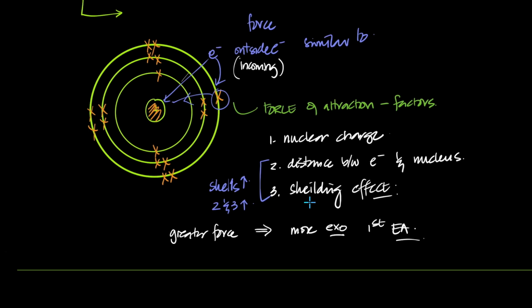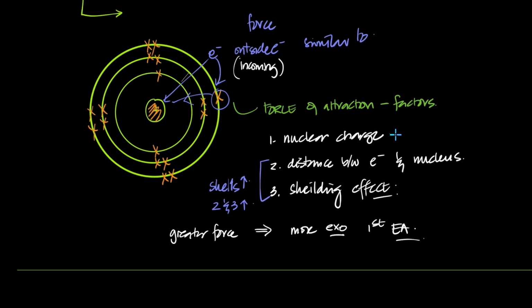What that means is the distance of the incoming electron from the nucleus will increase, and also the shielding effect, the repulsion between inner electrons and the outer electron, also increases. And we had done this in AS, that down the group these two factors which decrease the force of attraction outweigh the factor that increases the force of attraction.